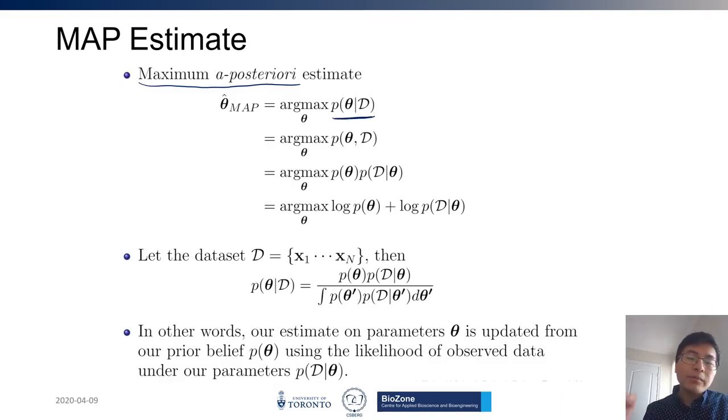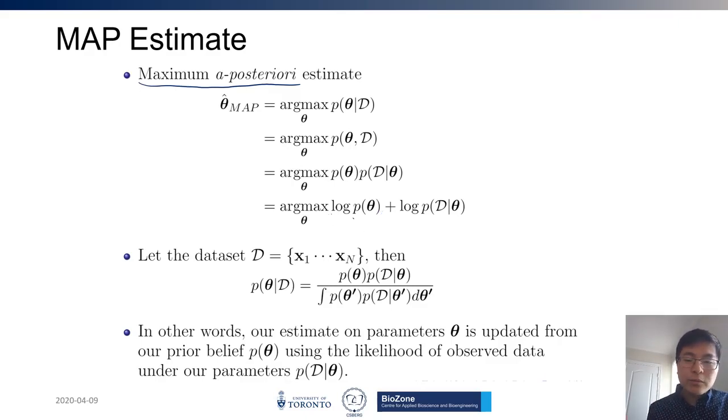Given the data, I want to maximize over the possible parameter space this posterior. The intuition behind this is that this allows you to place a prior on your parameter space. So here, you could say that I've only seen hearts that were red. So here you could specify a prior.